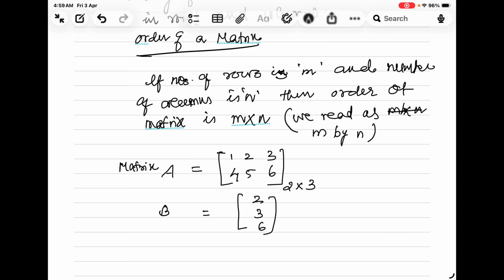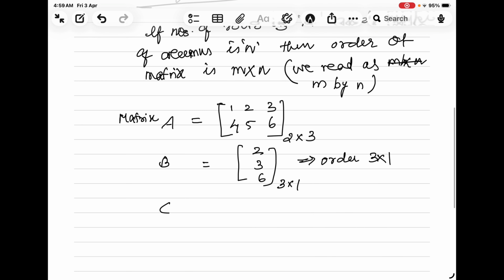Here order is 3 rows and 1 column, so 3 by 1. Another example, C equal to 2, negative 3, 5. Here order is 1 row and 3 columns, 1 by 3.